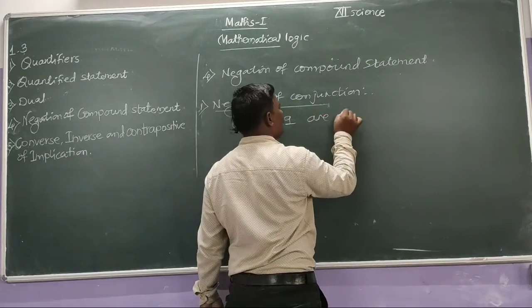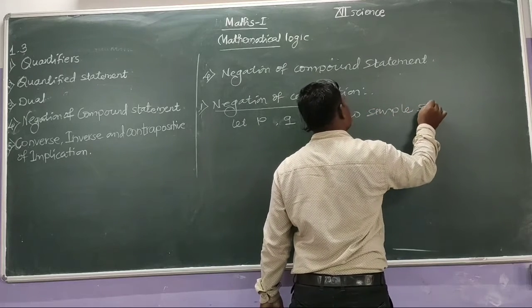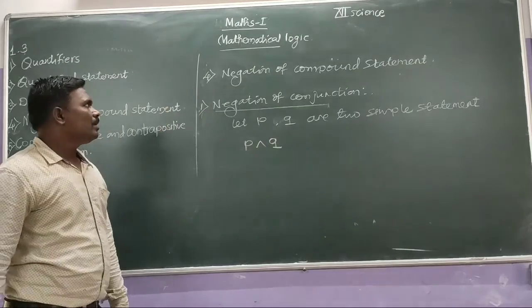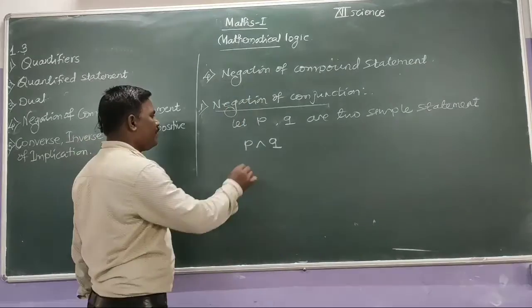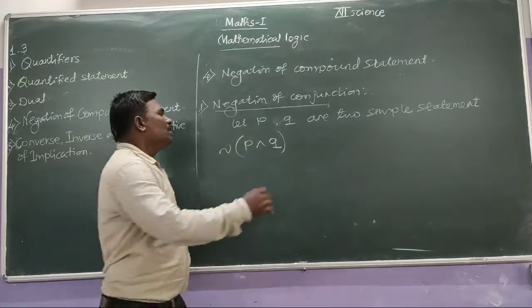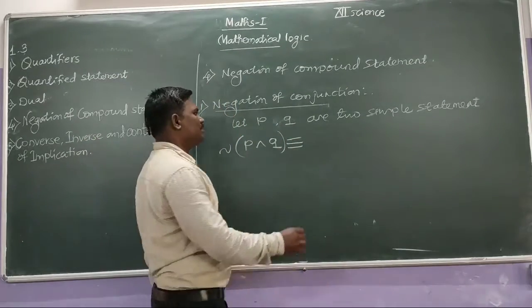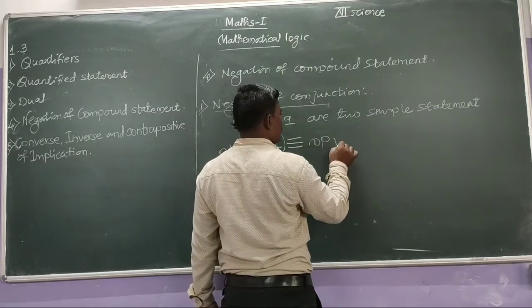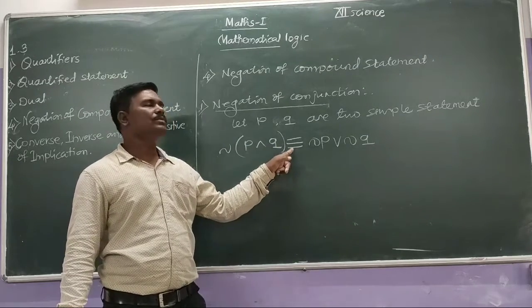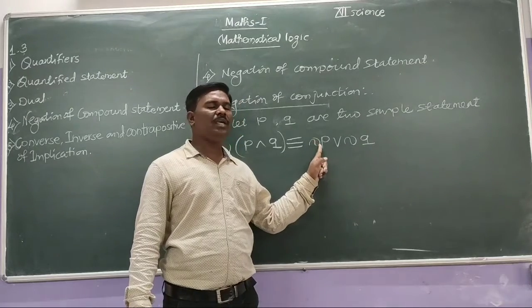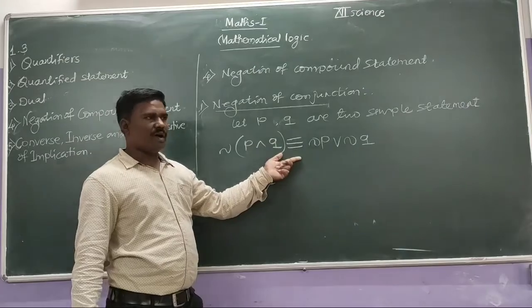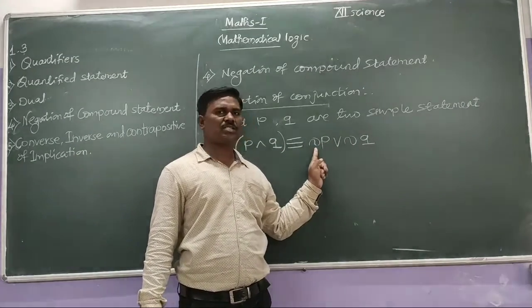Then their conjunction is denoted by P conjunction Q. The negation of in bracket P conjunction Q is equivalent to negation of P disjunction negation of Q. That means the negation of the conjunction of P and Q is equivalent to the disjunction of the negation of P and negation of Q. Understood?